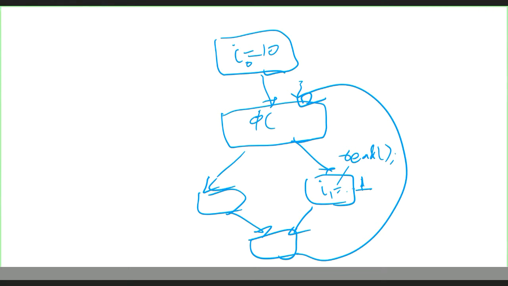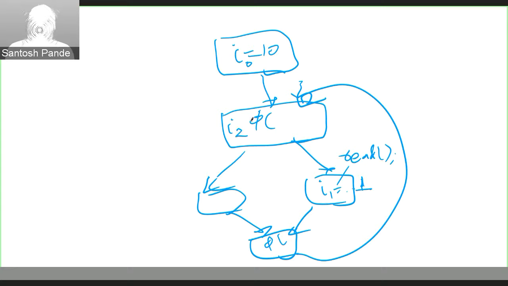We have a phi function here first, and I'm going to call this I2. And this one is I3, the real bottom here.